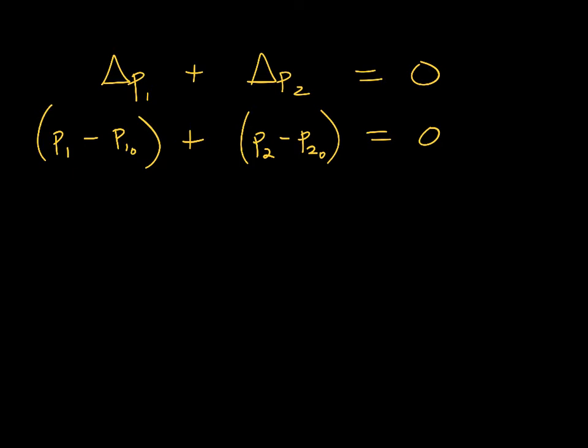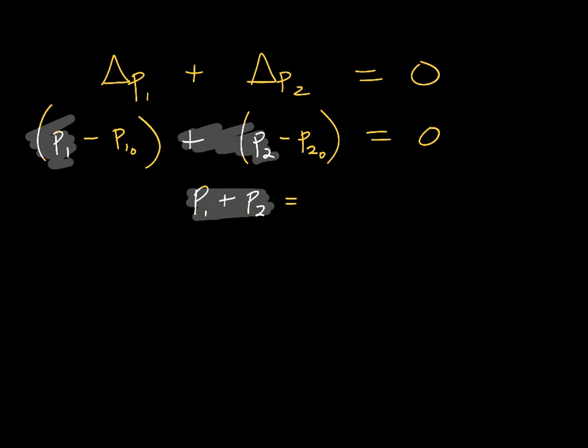Well, we can put this into a balance, much like our energy balances that we saw. And so I'll have the final momentums. You can easily see right here, a P1 plus a P2. Those work out a piece of cake.